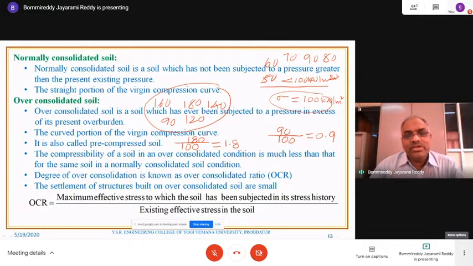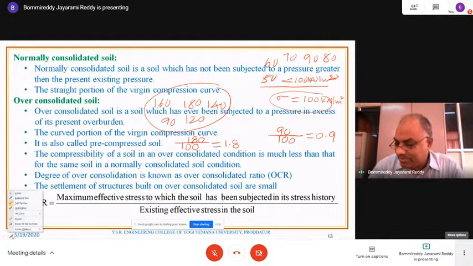That means the soil is already consolidated, and the existing pressure is less than the pressure that acted on the soil already. So that is the meaning of the over consolidated soils.